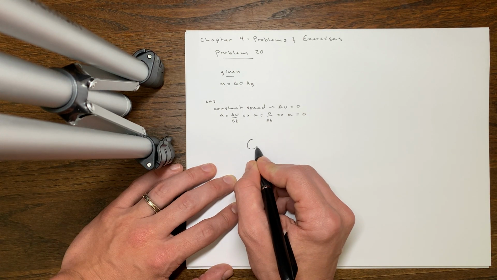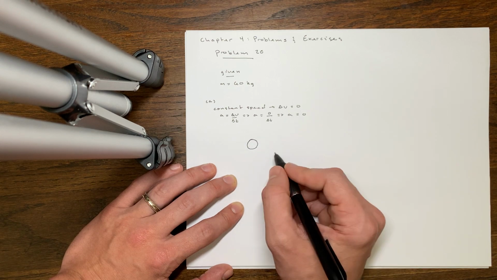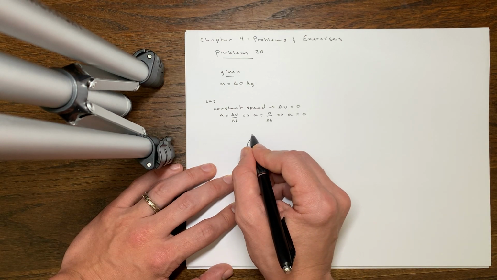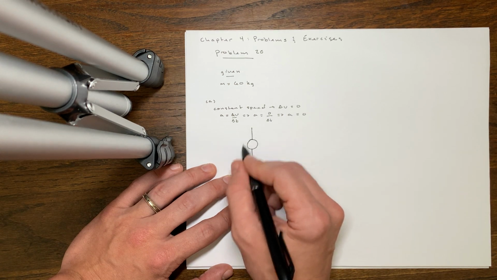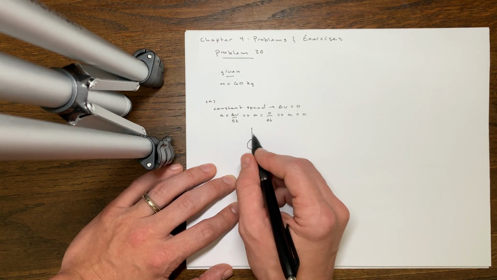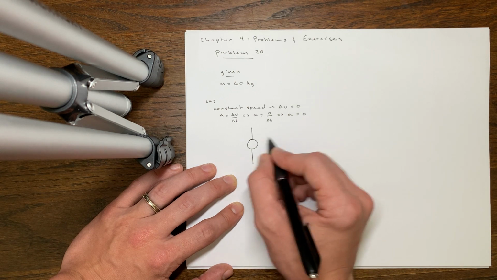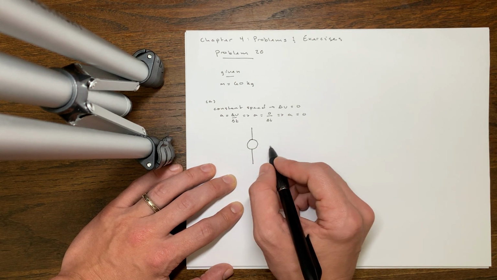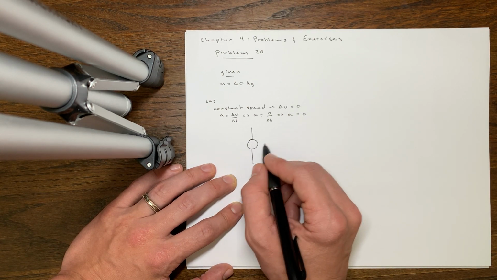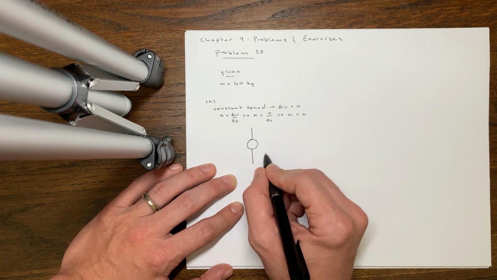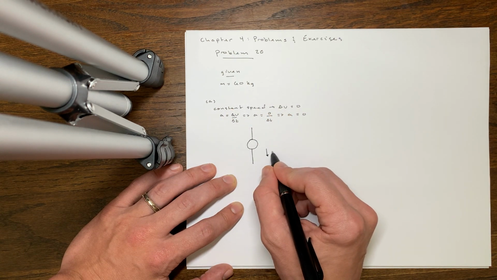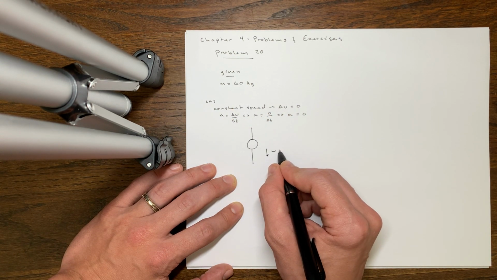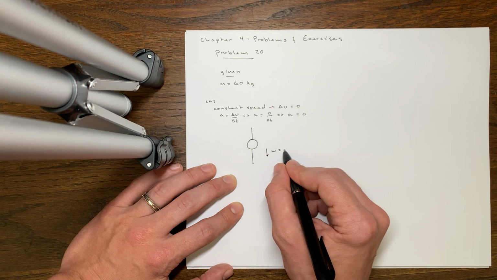The gymnast is just going to be a ball climbing up a rope, to put it very simply. Let's identify our forces. There's some weight associated because there's a mass, and this weight is just equal to mg.